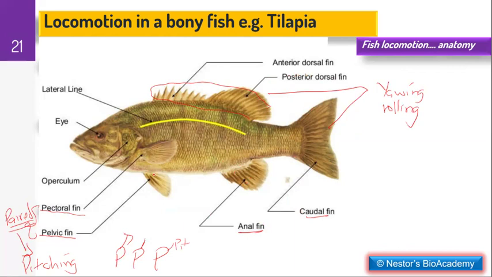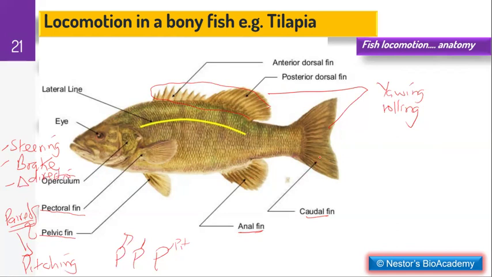In addition to controlling pitching, the paired fins are also very important in steering the fish forward. Apart from steering the fish forward, they are also very important in enabling the fish to brake, and also to change direction in water.